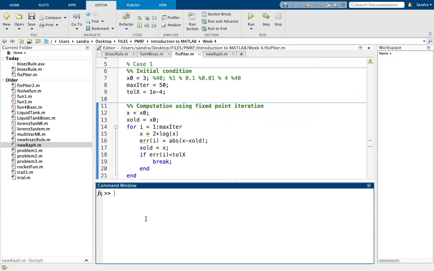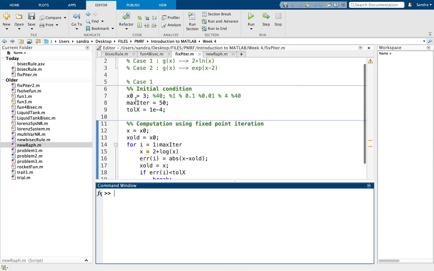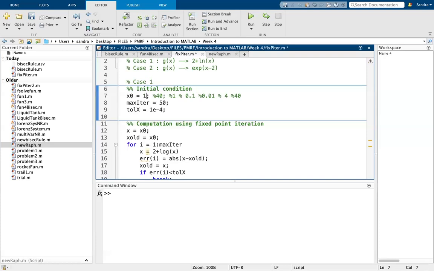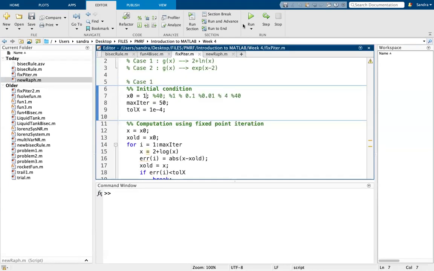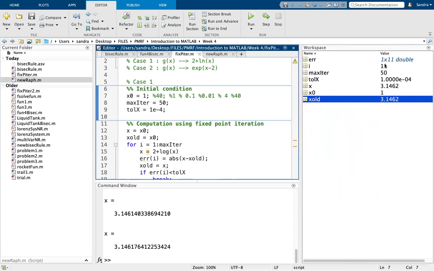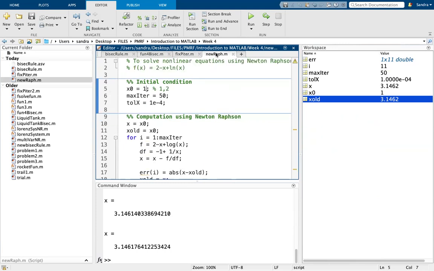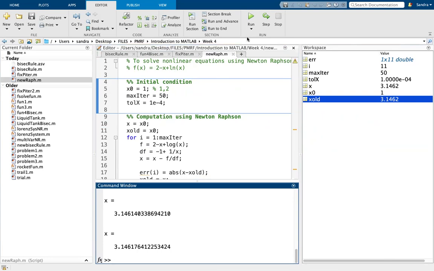I'm giving an initial guess x equal to 1, and here also I'll give the same initial guess x0 equal to 1. Fixed point iteration, when I run, took 11 iterations for convergence at tolerance level e raised to minus 4. Let me see what will happen if I use Newton-Raphson.